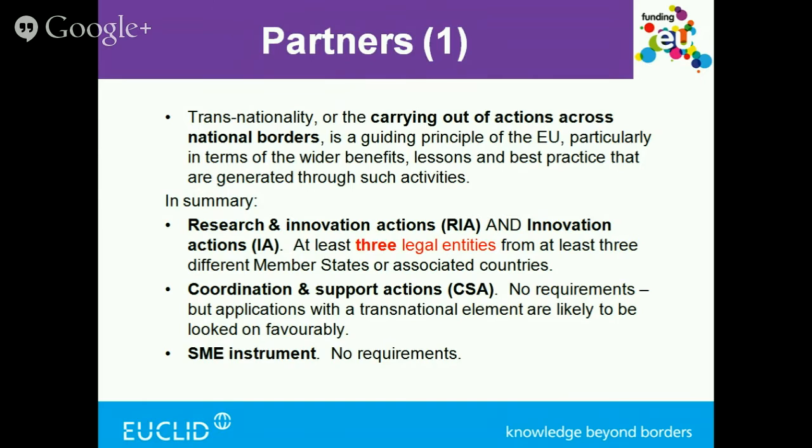The CSA, there are no specific requirements, but obviously if you are coordinating something, they would prefer you to be coordinating a range of projects and activities across borders and not just all the projects that happen to be happening in Hungary or the UK or Macedonia or anywhere. There are no specific requirements for partners whatsoever for the SME instrument. So nothing complicated there.